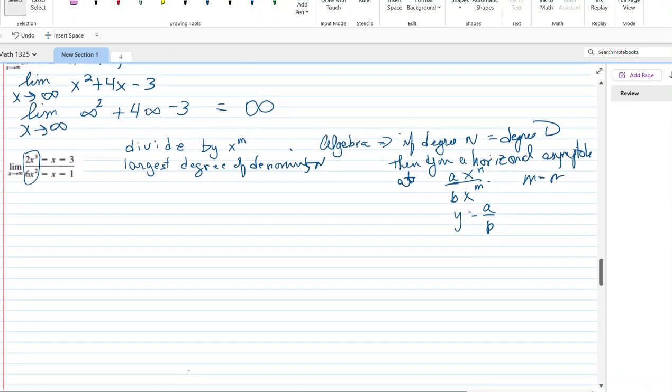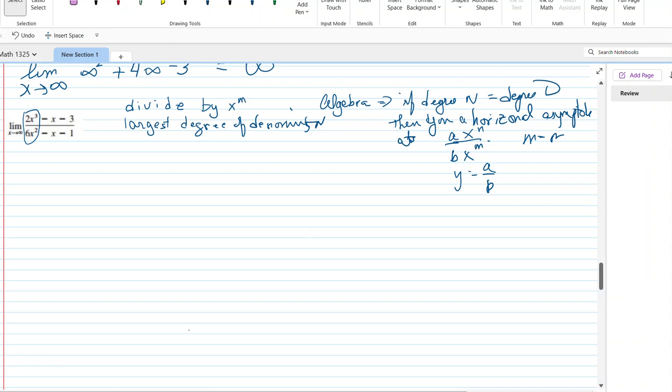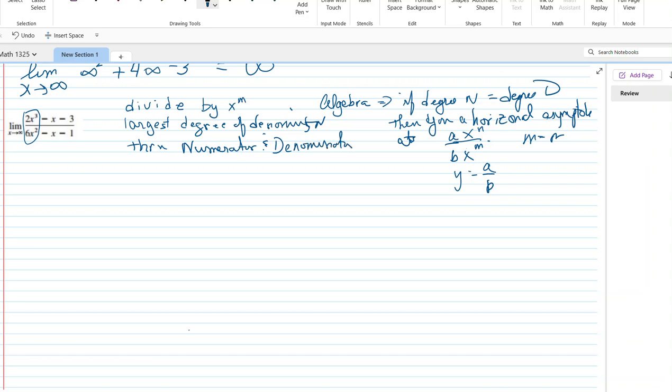So we want that condition. All right. So in this case, we're dividing through numerator and denominator for equality by x squared.